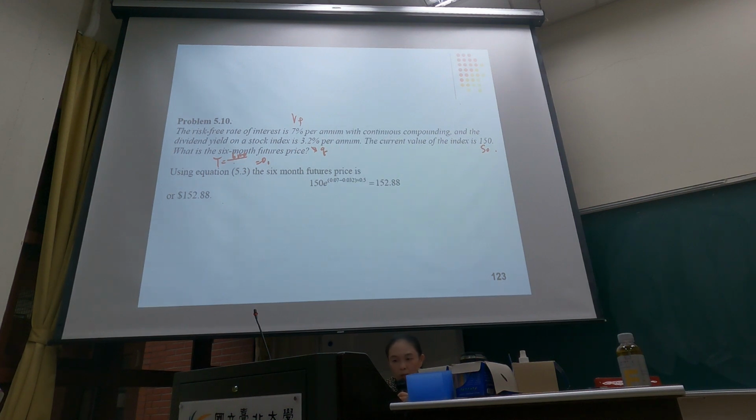Basically you put up the formula F0 equals S0 times e to the power (R minus Q)T, with rates in percentage. R is 7%, Q is 3.2%, T is 0.5. So you figure out it's 152.88. That's the formula.